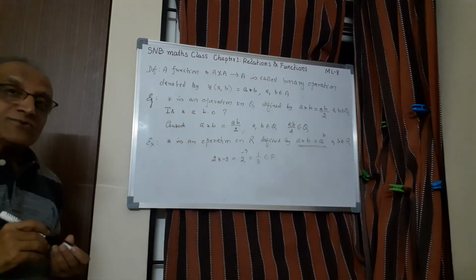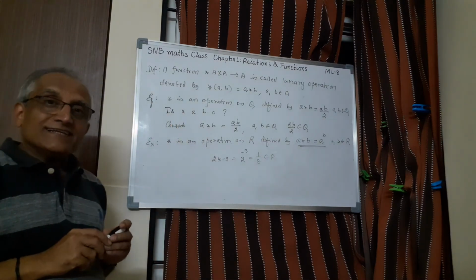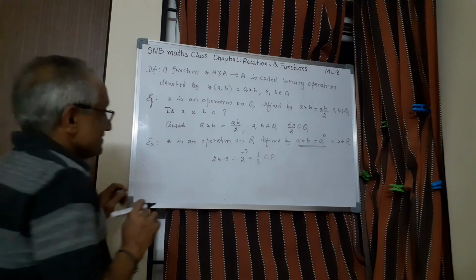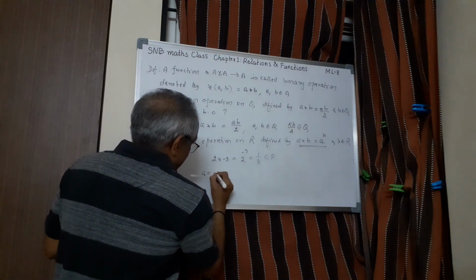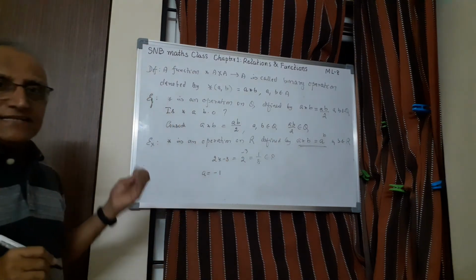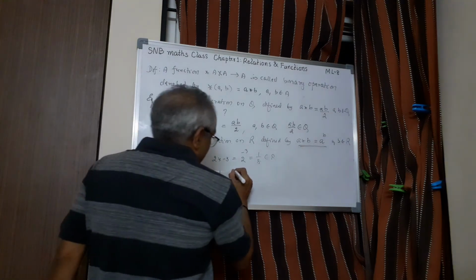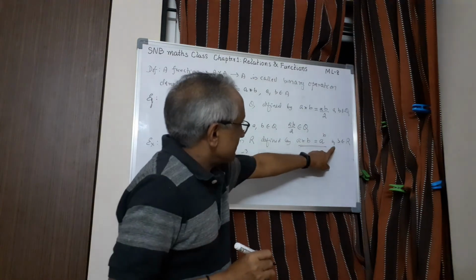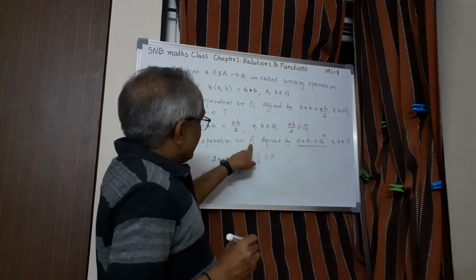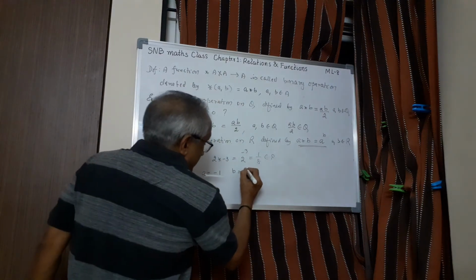So you may conclude that it is binary, but once again it is wrong, because if you take a equal to say minus 1, because you can take anything, and b, it is in R, so I can take even 1 by 2.